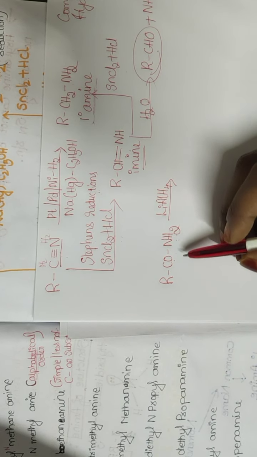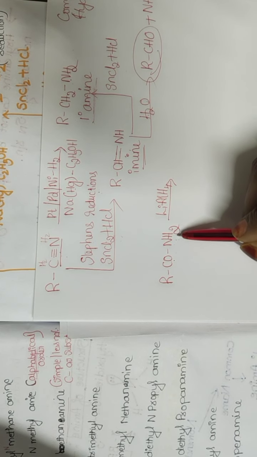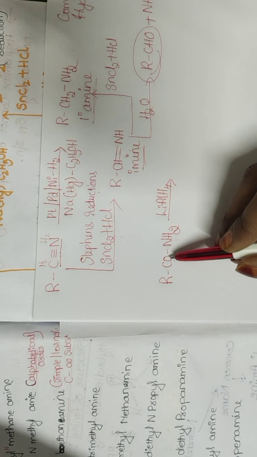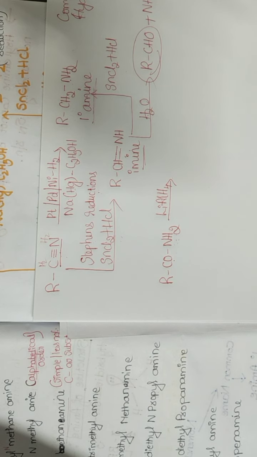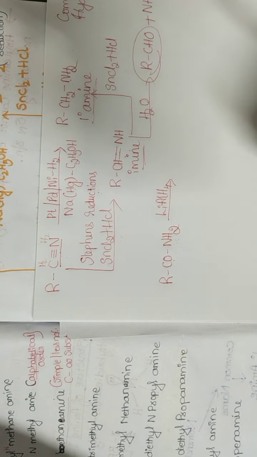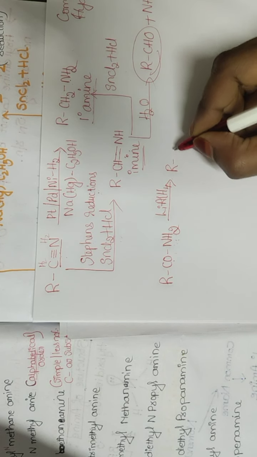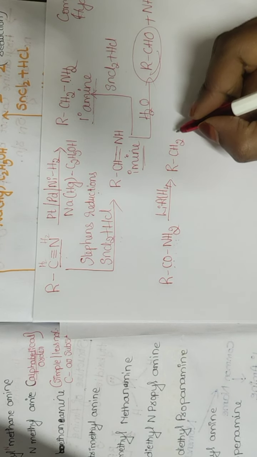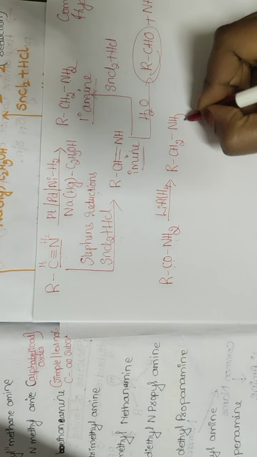Here you can see that I already have an NH2 group readily available. What I have to do is remove this oxygen, and I hope you know that removal of oxygen or addition of hydrogen are both called reduction. Since it is a reducing agent, it will add 2 hydrogen to the carbon atom, followed by NH2.